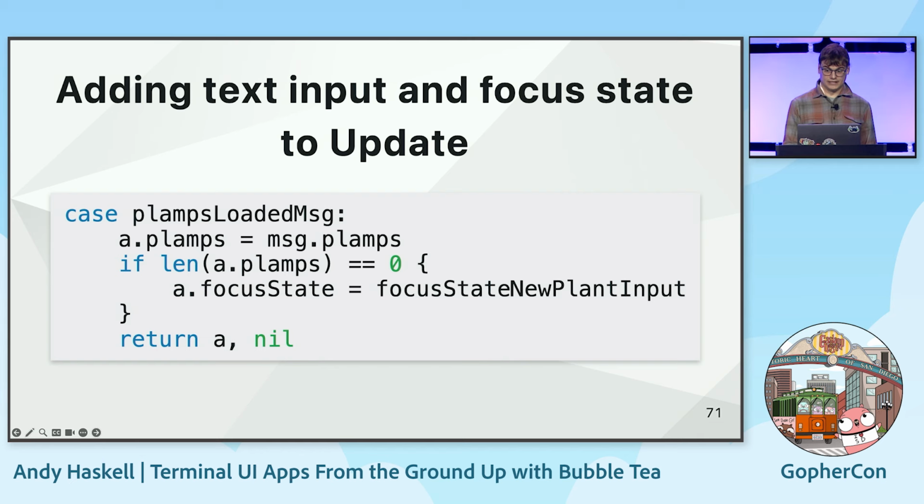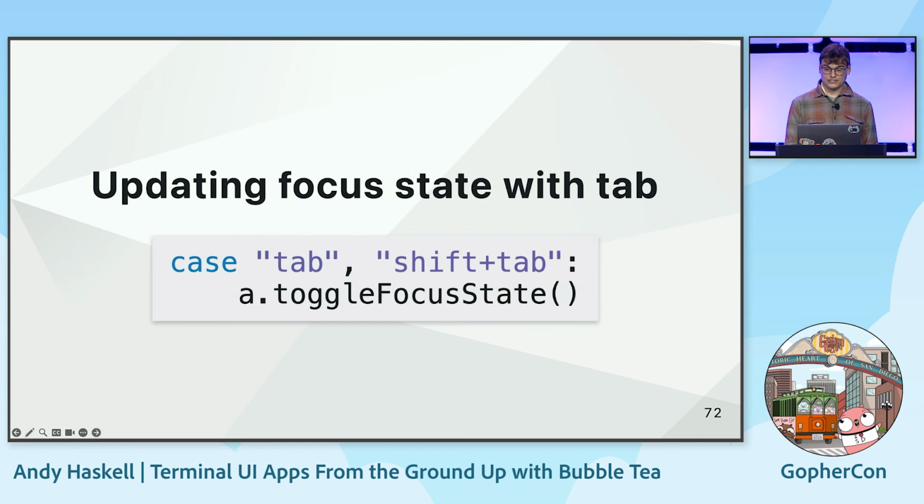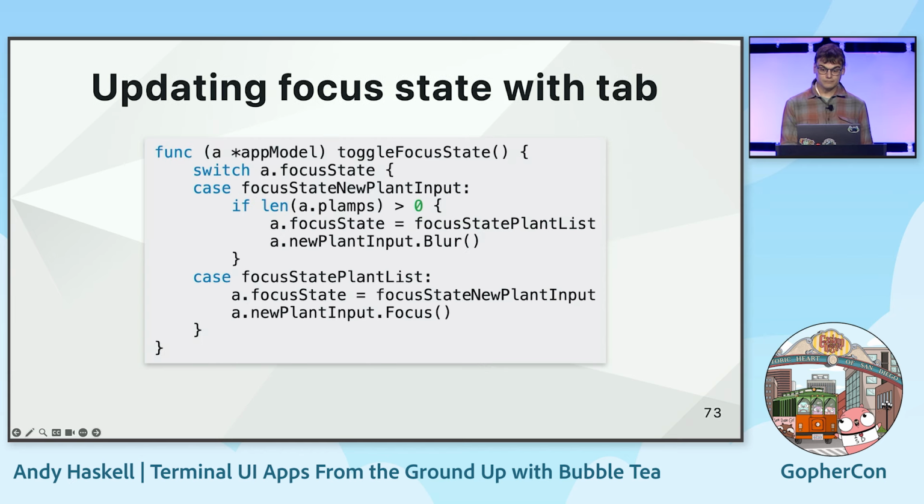Moving over to the switch statement for keyboard input, we're going to handle pressing tab to toggle between focus states. When the user presses tab or shift tab, we call this new toggleFocusState helper function to switch focus between the new plant input and our list of plants.